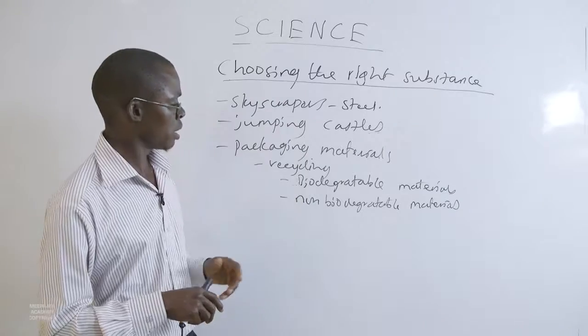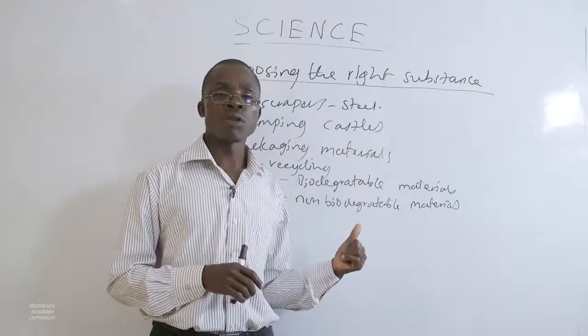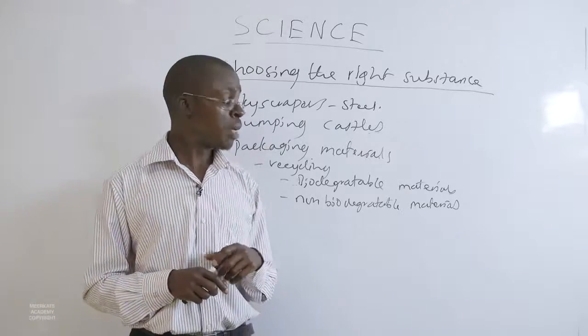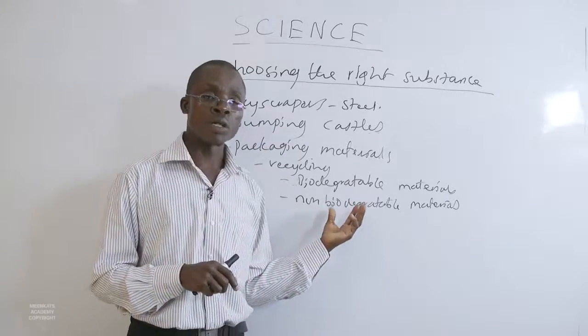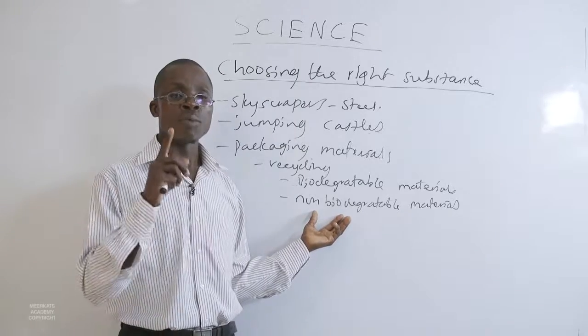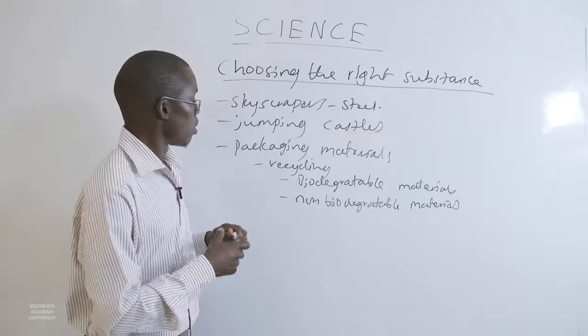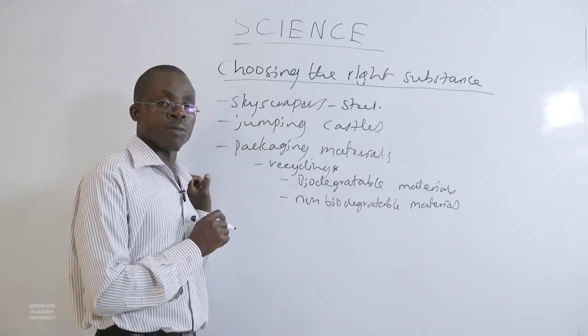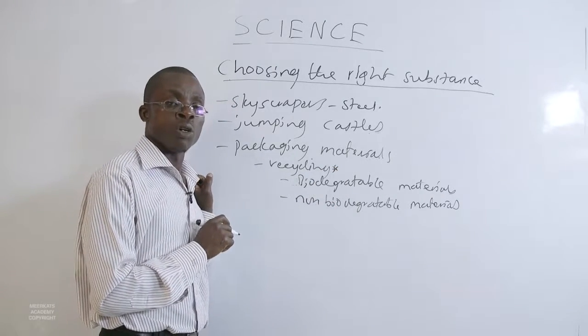Now then, how best are we supposed to handle these non-biodegradable materials? The best way you have to handle non-biodegradable material is, number one, do what we call recycling. Very important point. Do recycling.